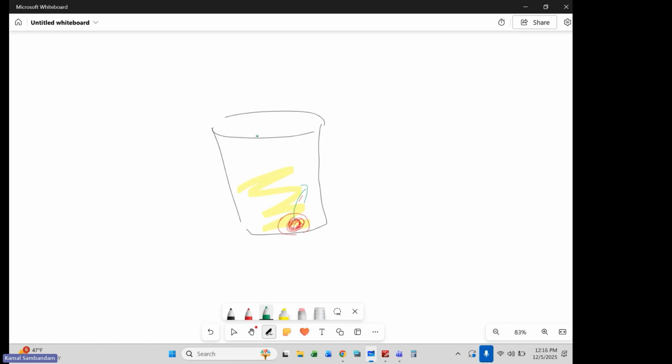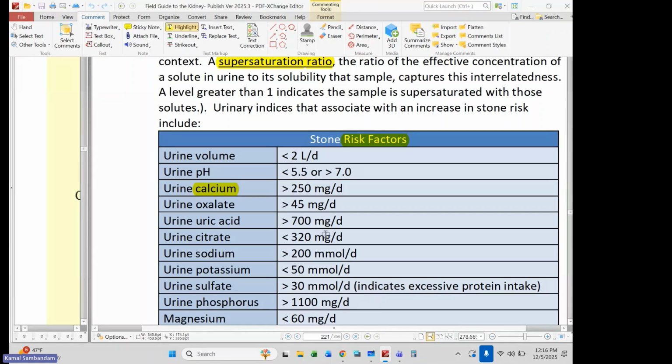This will essentially allow one to actually calculate how much free cysteine is present in your solution and is predisposing to the formation of cysteine precipitate, okay?